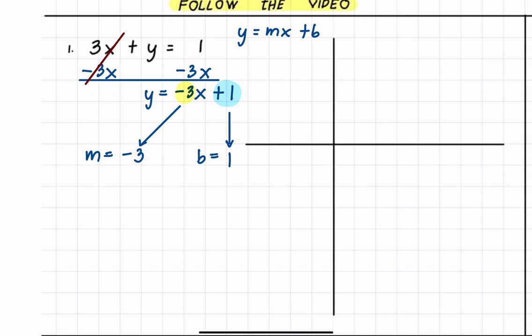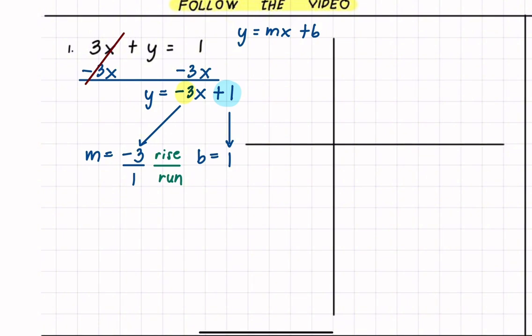Okay, class, remember, our slope is rise over run. Since there's no denominator for 3, it's automatically 1. There's always a denominator of 1. So we have negative 3 over 1. Slope is rise over run, so our rise is negative 3 and our run is 1.